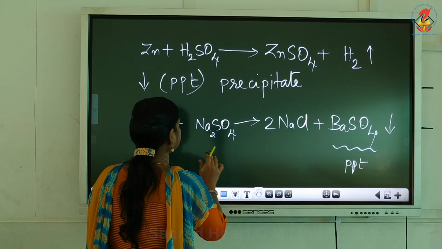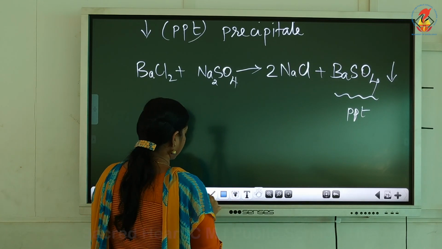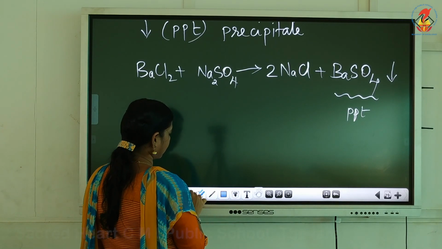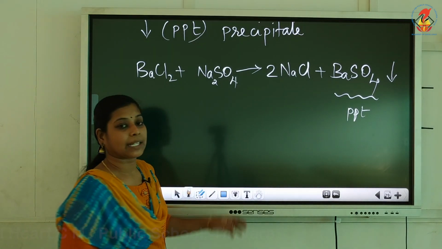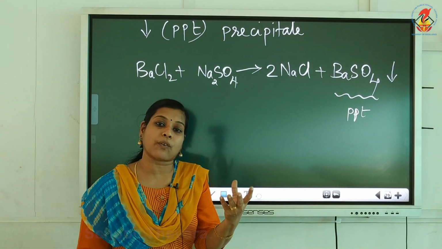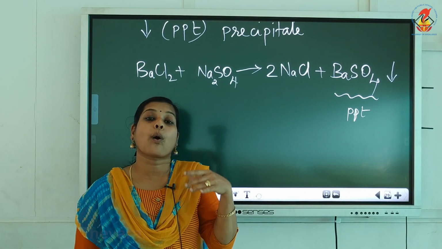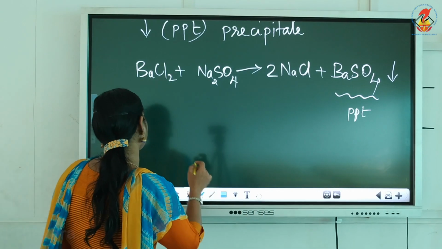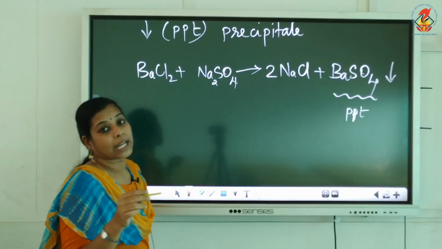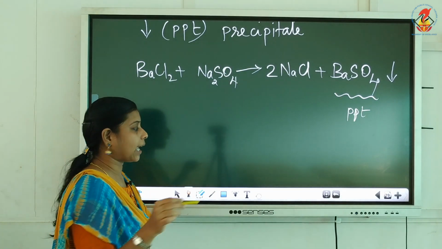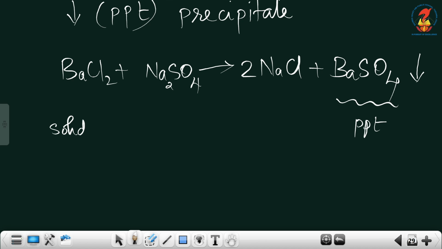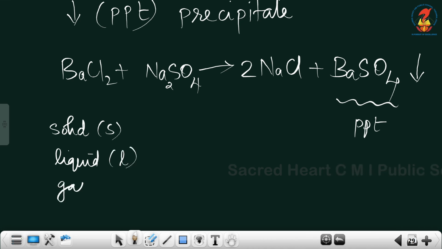Then sometimes in that particular equation we will be noting the state symbols. State symbols are those symbols which are used to denote whether the given material is in the solid form, liquid form, gaseous form, or aqueous form. So for solid, small letter s, liquid small letter l, and gas small letter g will be used.